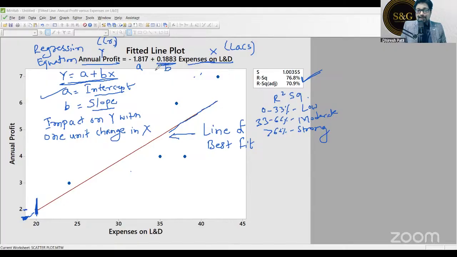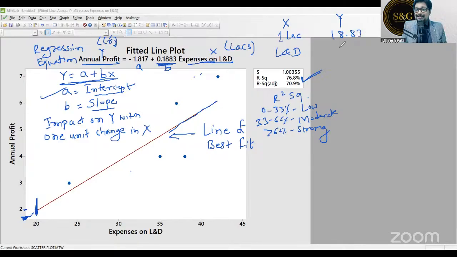This is the impact on the output with 1 unit of x. If I increase, it is positive 0.1883 crore, meaning 18.83 lakh rupees. Let me write here. If I put 1 lakh rupees in my L&D, how much output am I getting?